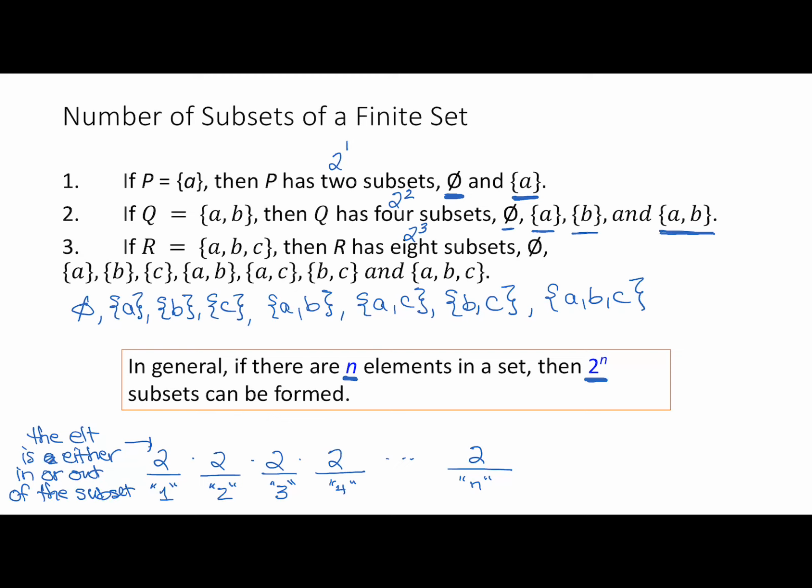And the fundamental counting principle says that if I want to know the number of ways that I could build a subset, I just need to multiply all of these numbers together. There are a total of n terms. So that means I'm multiplying 2 n times, which is the same as 2 to the n. So that's just where this formula comes from. You don't need to be able to reproduce this, but you do need to know the formula.